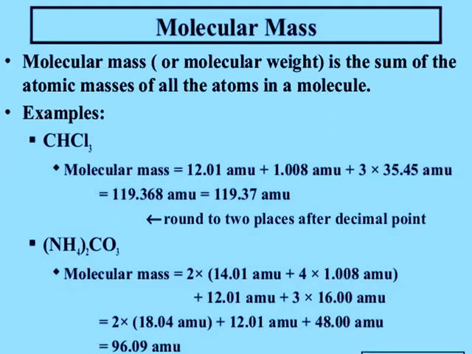And after the calculation, we have the molecular mass of ammonium carbonate as 96 U or 96.09 AMU.